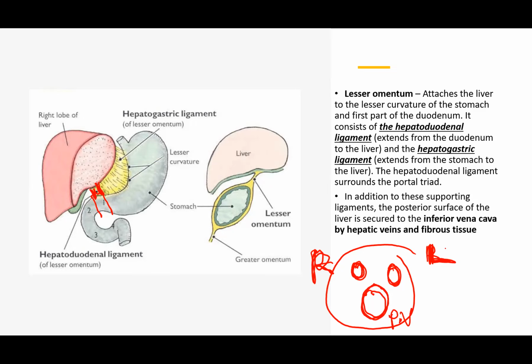You should know that the hepatic vein does not exit the liver through the porta hepatis. Rather, posteriorly, it drains into the inferior vena cava. And that also gives an attachment in form of a support. We shall see that.